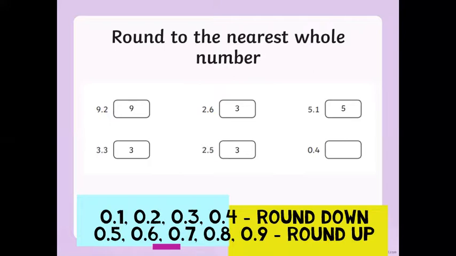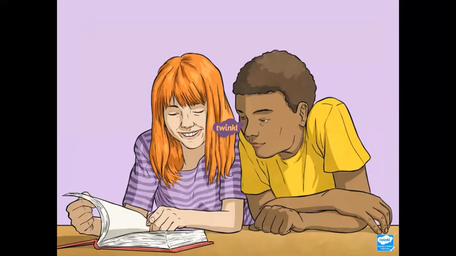Remember, if it's 5, we go up. And 0.4, similar to the last scale we looked at, falls between 0 and 1. So where would we round that to? We'd round that to 0 because the 10th column is a 4, meaning that we go down. And that is how we round decimal fractions.